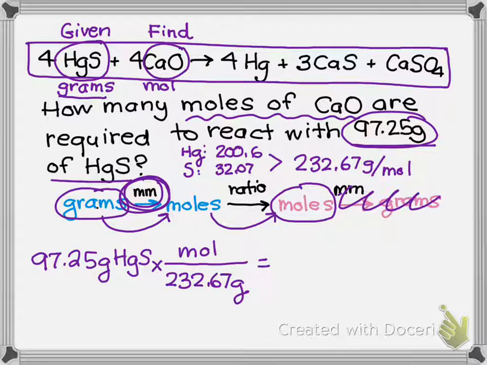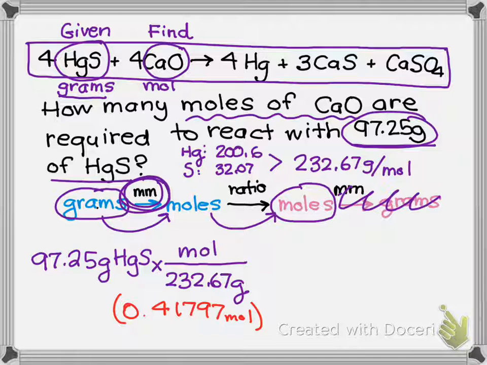Now, I want to set this up like a continuous problem. But I will tell you, if you're doing this step by step, you'd say 97.25 divided by 232.67, and your answer right now would be 0.41797 moles.